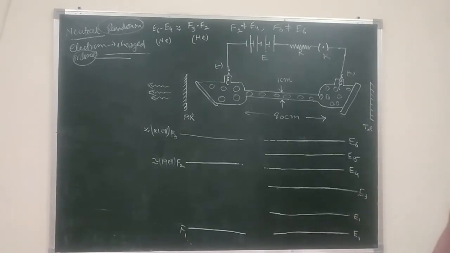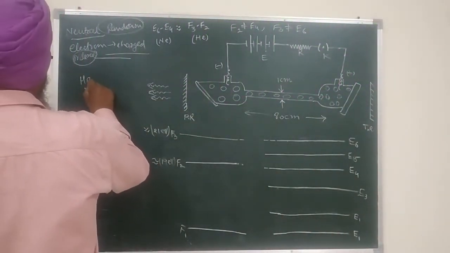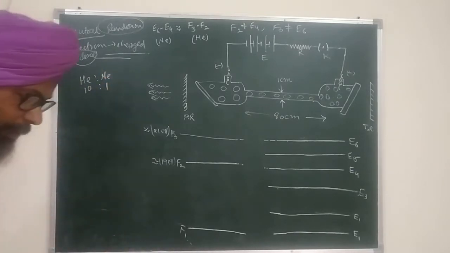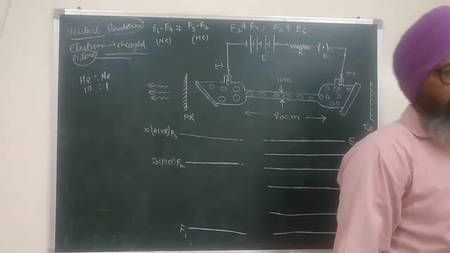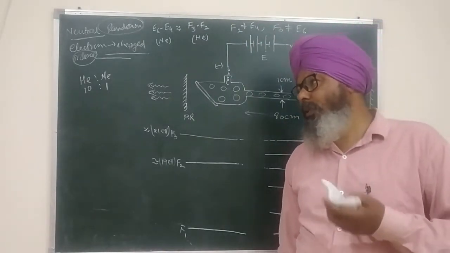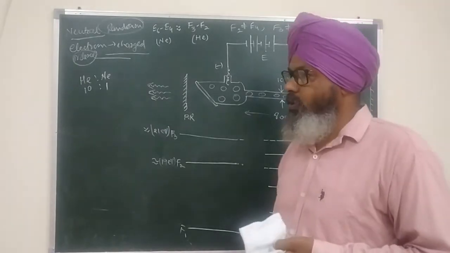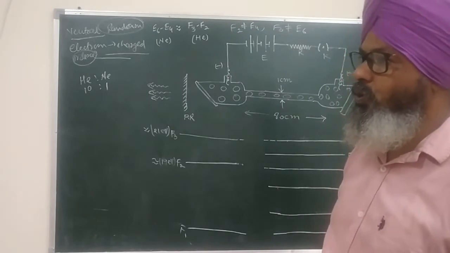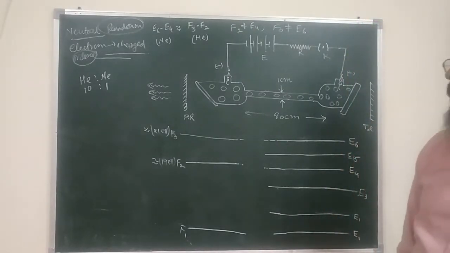Now we have made the concentration of helium 10 times as compared to the concentration of neon. Now please remember that, in fact, in my previous lecture one of the students asked why certain other processes, which according to him may be taking place, were not discussed.